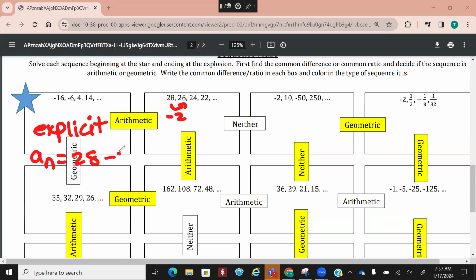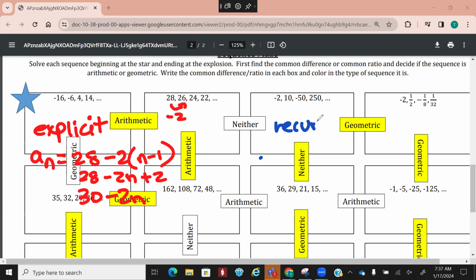Okay, 28 minus 2 times n minus 1. And again, that would be the option potentially. But if you had to distribute and simplify, you would get negative 2n plus 2, and then simplify, so 30 minus 2n. Are there any questions on that? Again, could be an answer choice of this, but could be an answer choice of this too.